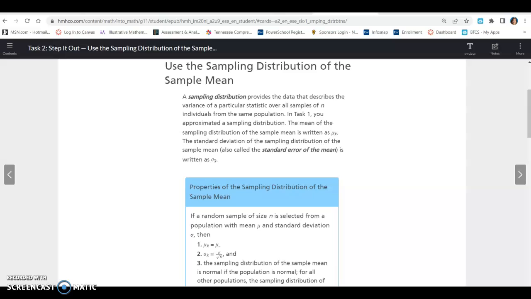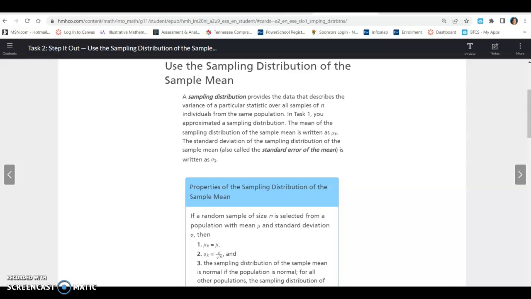Lesson 19.4, Task 2. Use the sampling distribution of a sample mean. A sampling distribution provides the data that describes the variance of a particular statistic over all samples of n individuals from the sample population. In Task 1, you approximated a sampling distribution.